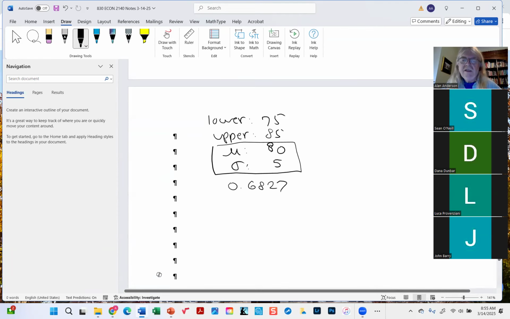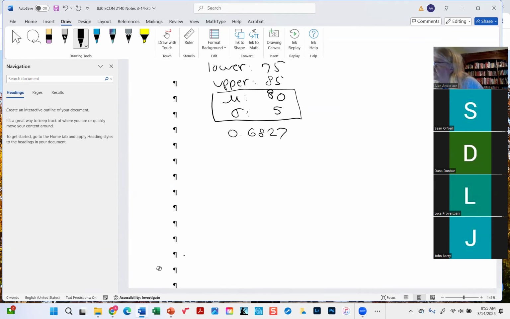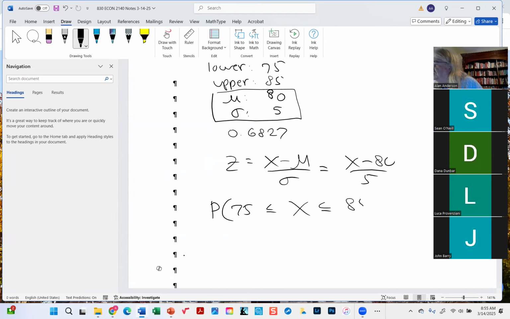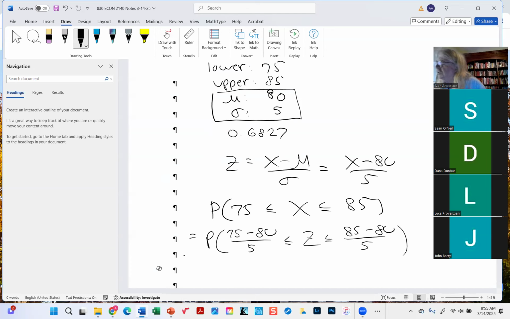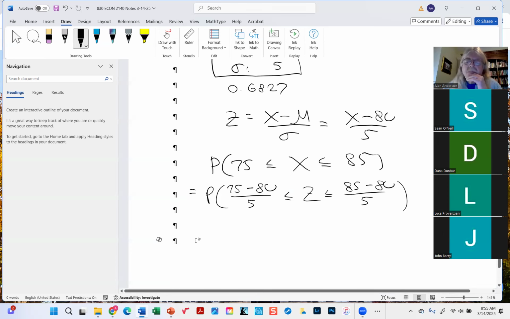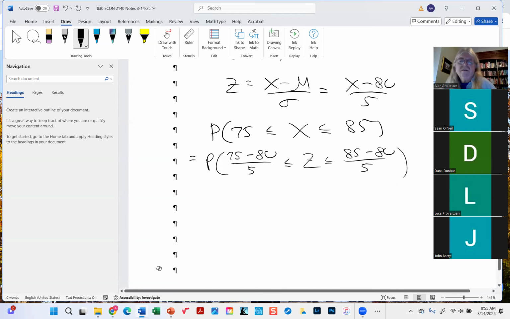Now, let's go back and revisit this formula. So this question could be rewritten as, so what I'm doing is converting each of these elements of my inequality to z-scores.